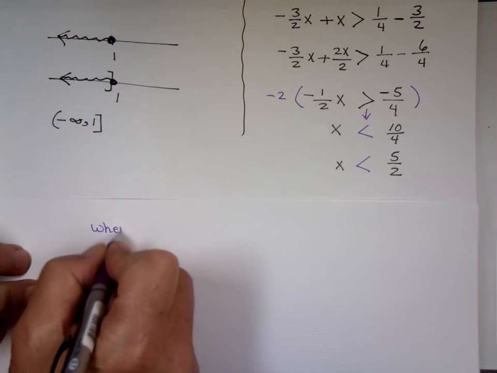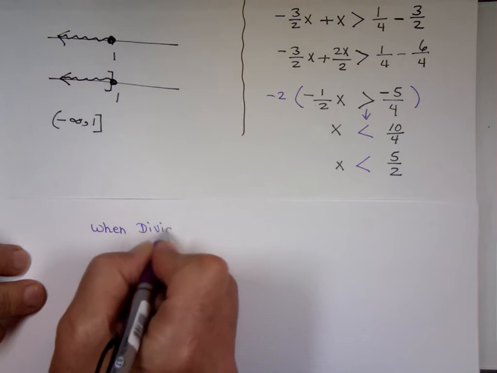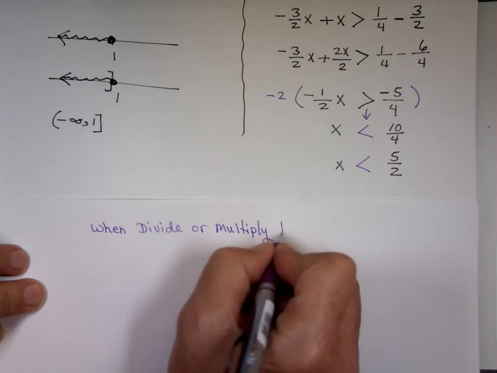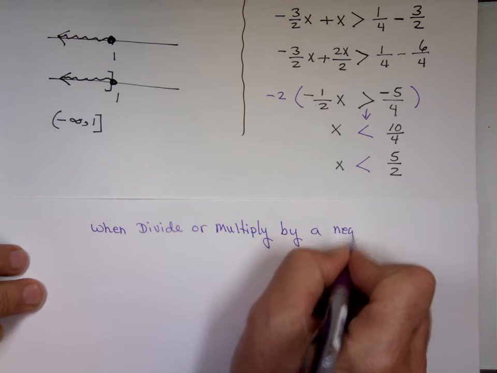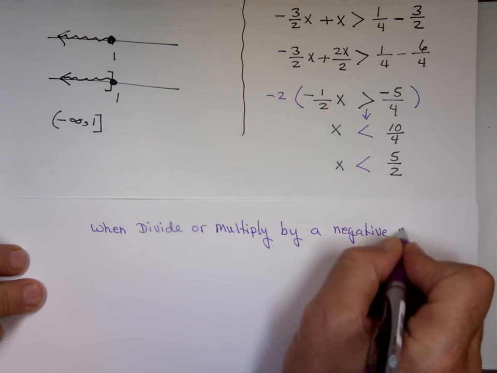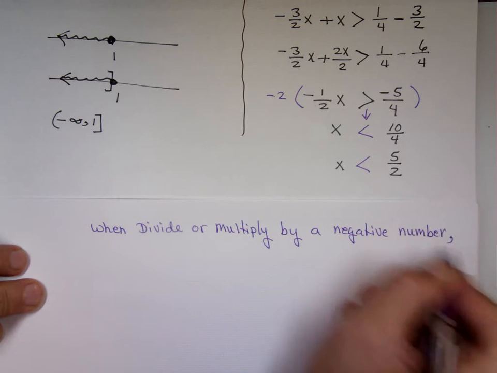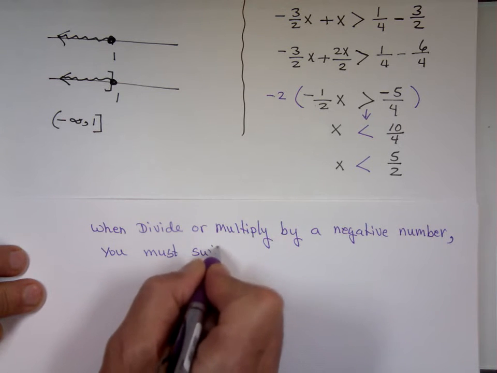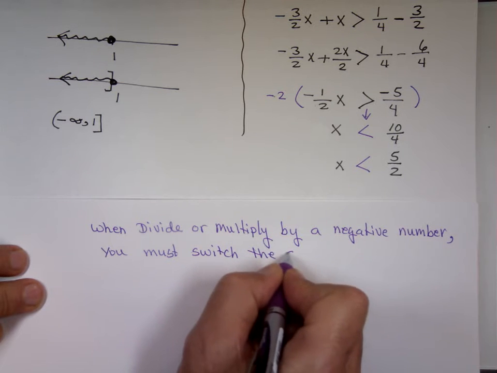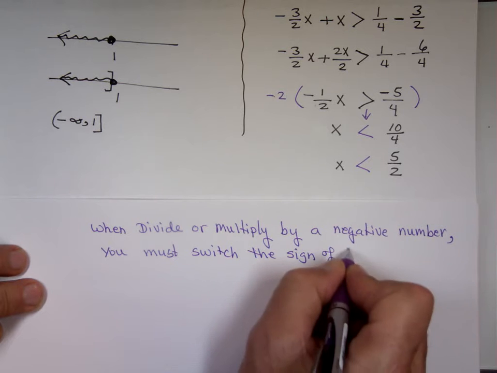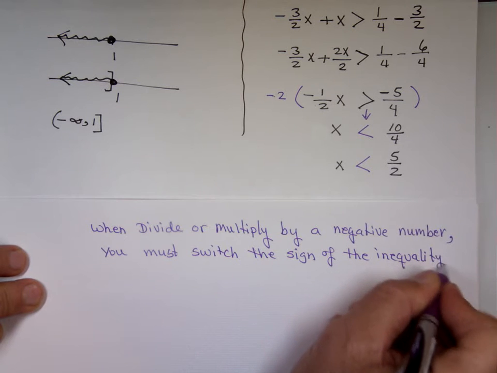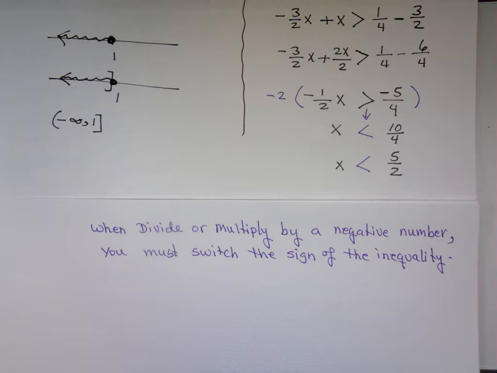When you divide or multiply by a negative number, you must, not will be nice, you must switch the sign of the inequality.